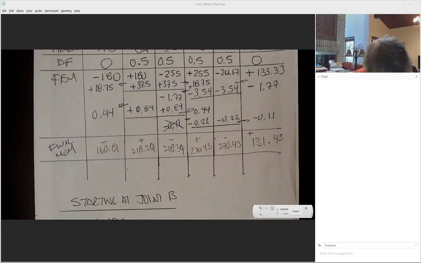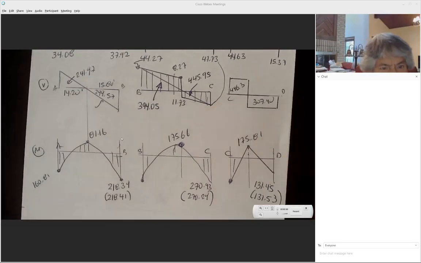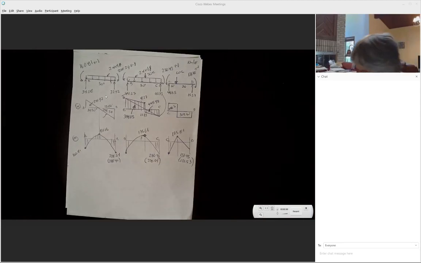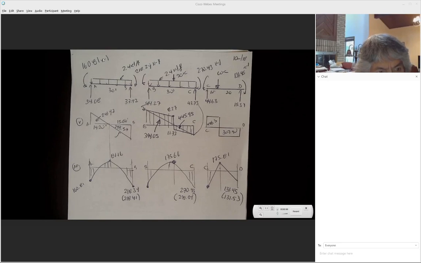For each one of these moments at the end, I have created a free body diagram. For member AB, this is moment AB. At the end of member AB, this is moment BA.